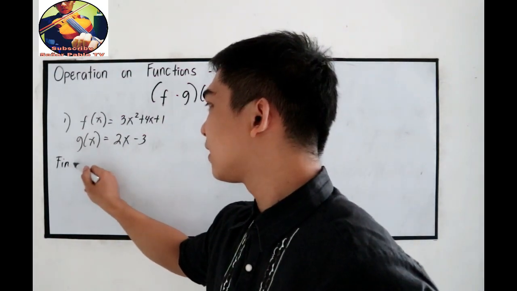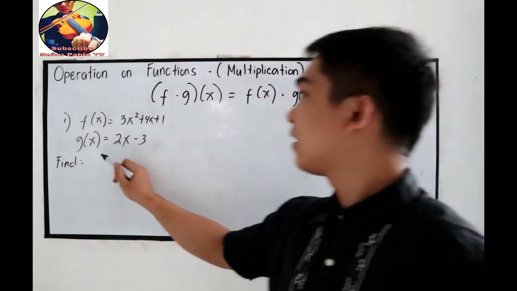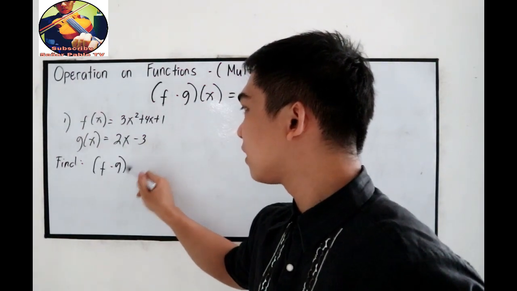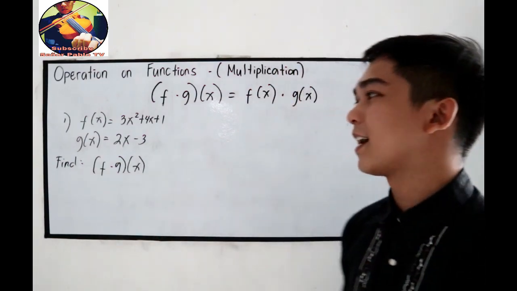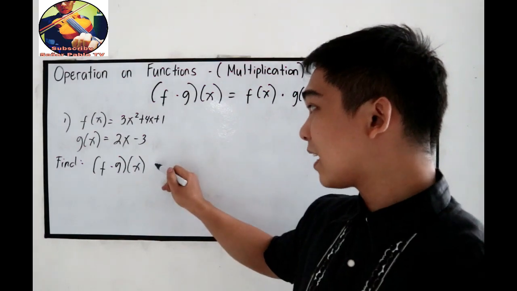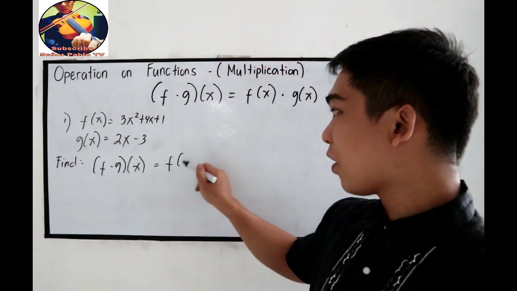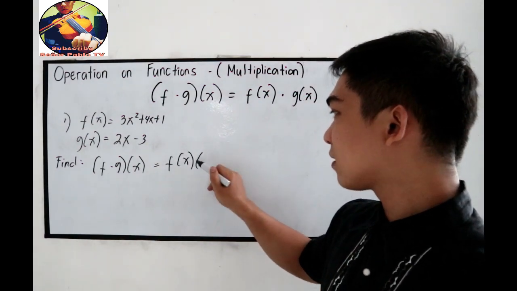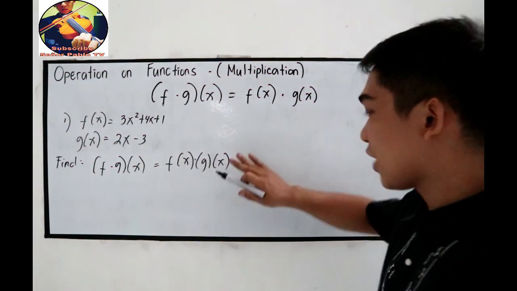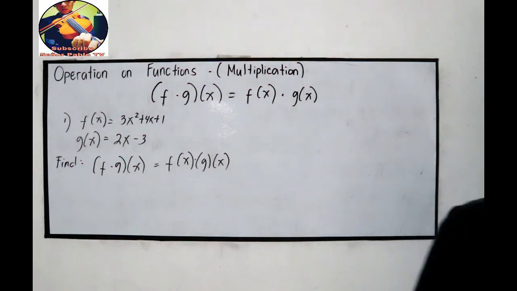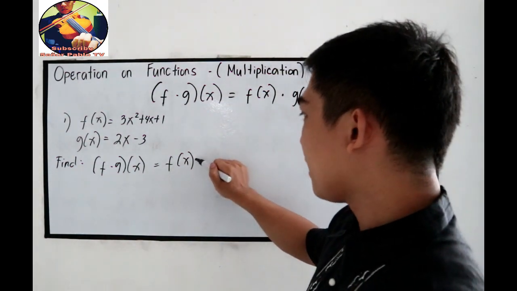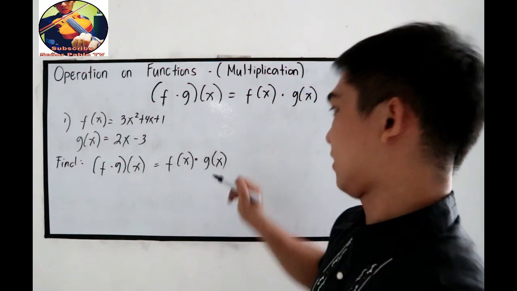Find f times g of x. So, hanapin natin. Alam natin, ito ay equal lang sa f of x times g of x.